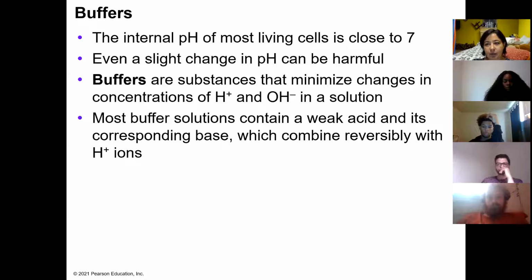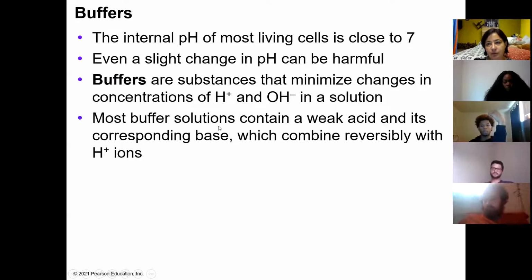As I said, your blood is slightly alkalinic. If blood becomes acidic, you can pass out. If it becomes too alkalinic, you'll pass out as well. So there are systems that maintain pH within normal range. This system is called buffers, okay?